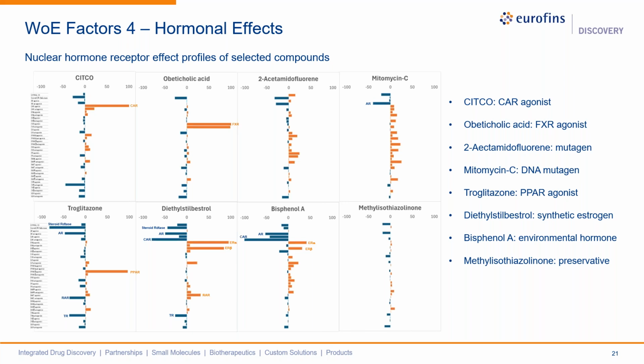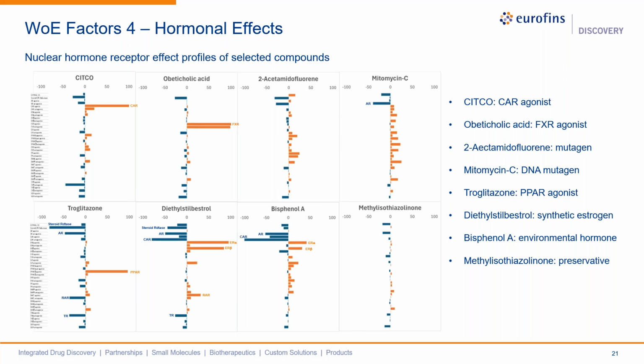The profiles of acetylaminofluorene and mitomycin C reveal that some mutagens do not interact with nuclear receptors. Again, they interact with DNA, not receptors. In contrast, troglitazone is a PPAR gamma receptor activator.